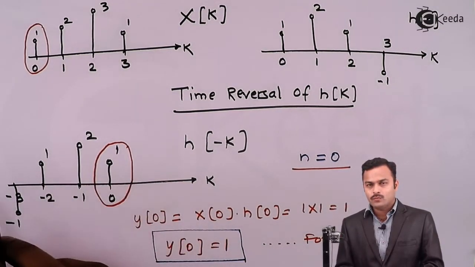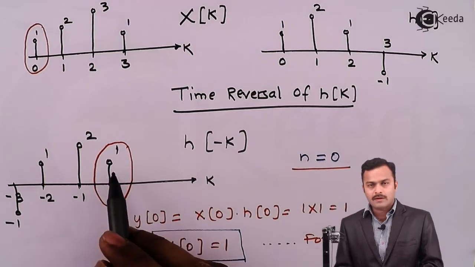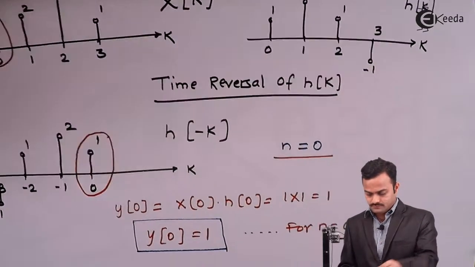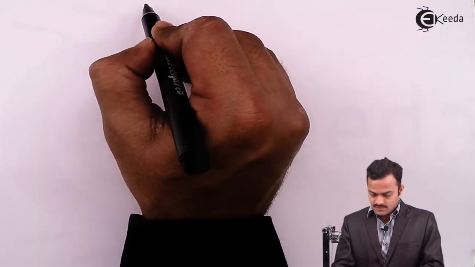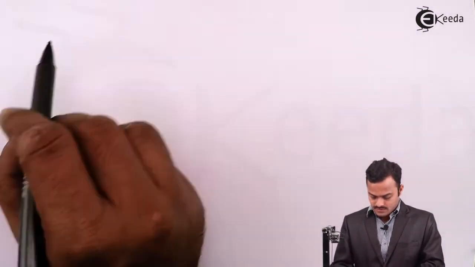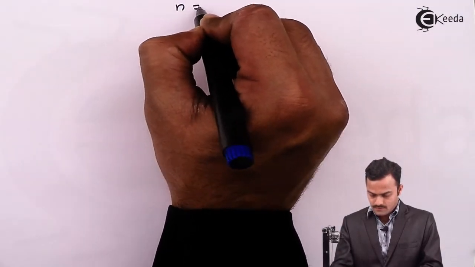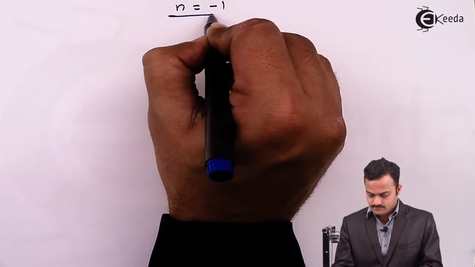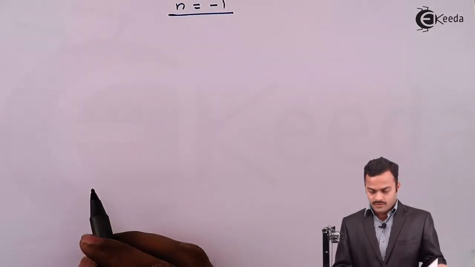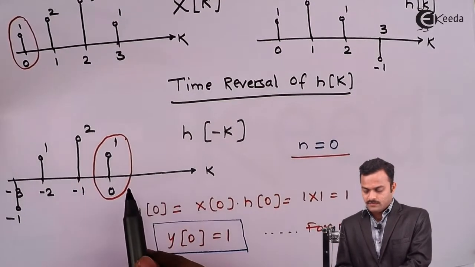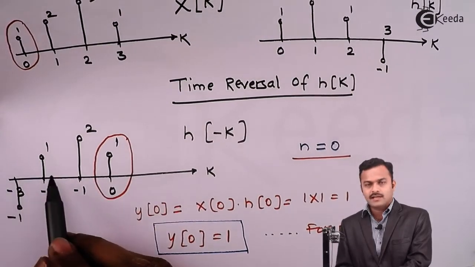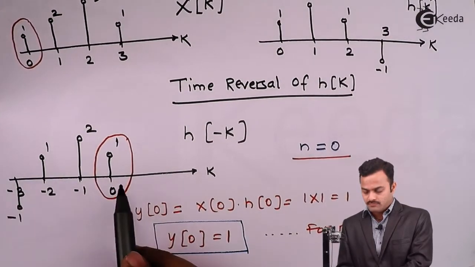That means a negative value of n. So let's shift it by 1 unit. This time we will consider n as -1. If n is -1, the signal will be delayed by 1 unit, that means it is shifting towards left by 1 unit.